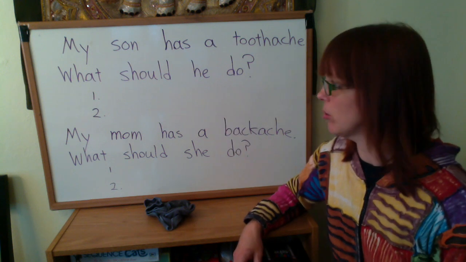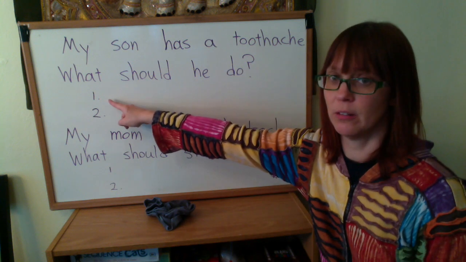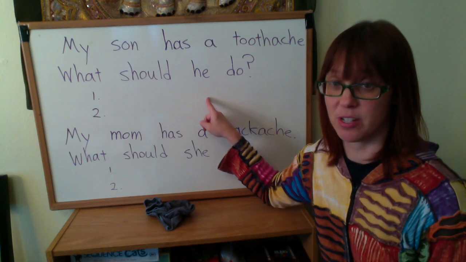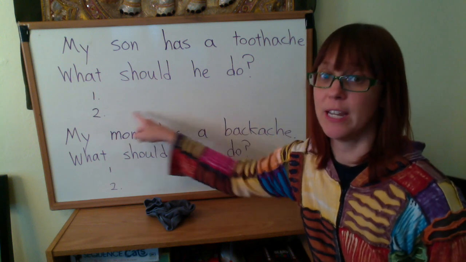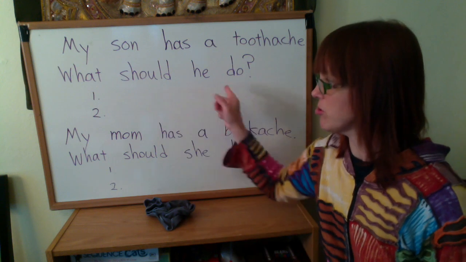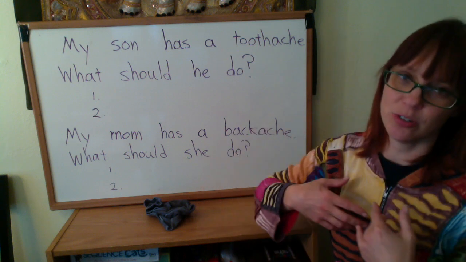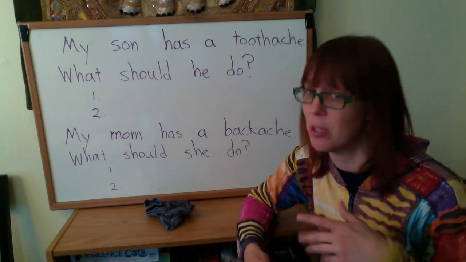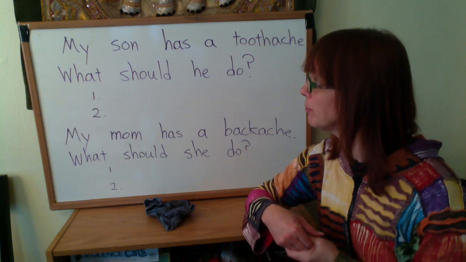So I want you to write 1 affirmative sentence, give advice, and number 2, a negative sentence. So give me 2 sentences. Should and shouldn't. If you have time. If you don't have time, no problem. But this is practice that you can do.